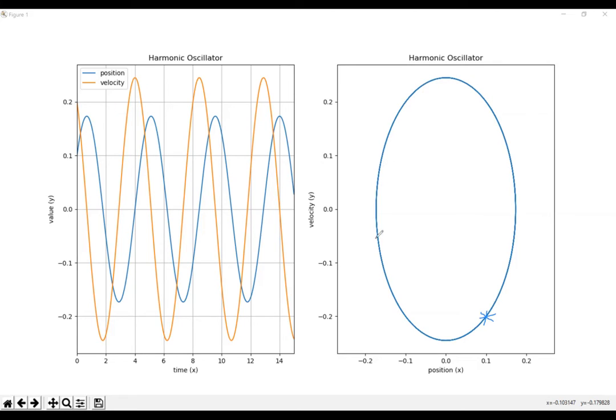Let this system evolve, and since the system is periodic, the curve will eventually come to its own end again. This is why you see a closed curve here. So in some sense, the oscillator will describe a circle in the xy plane.